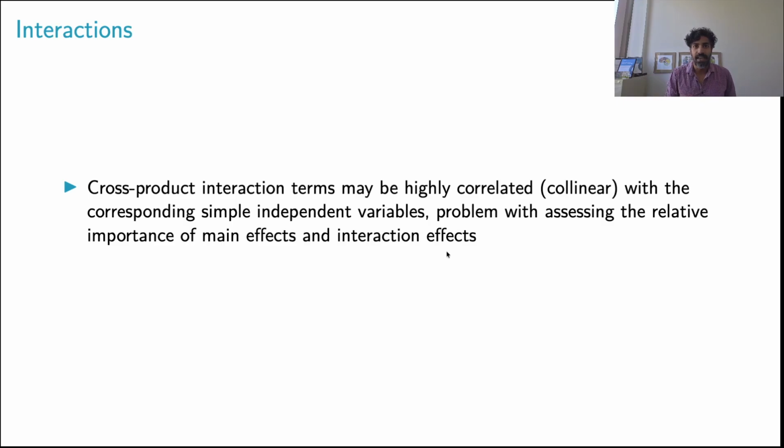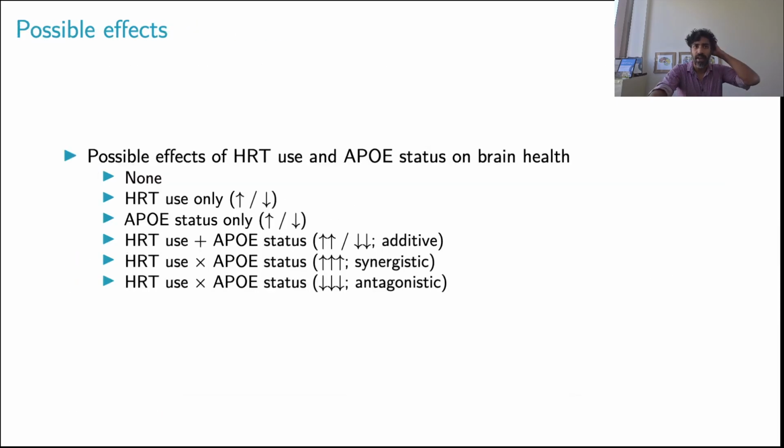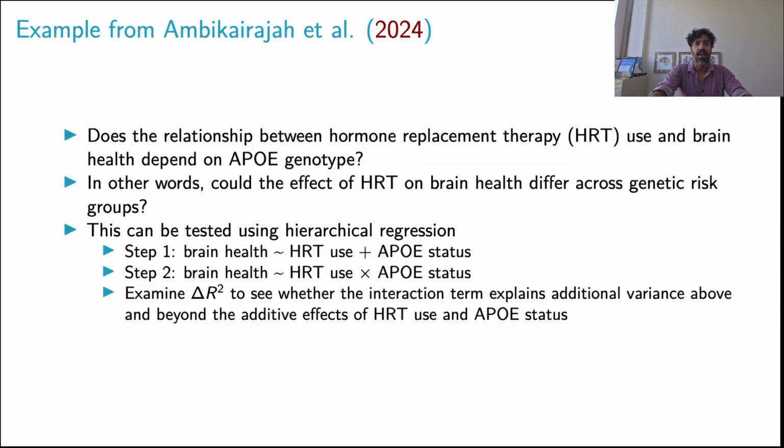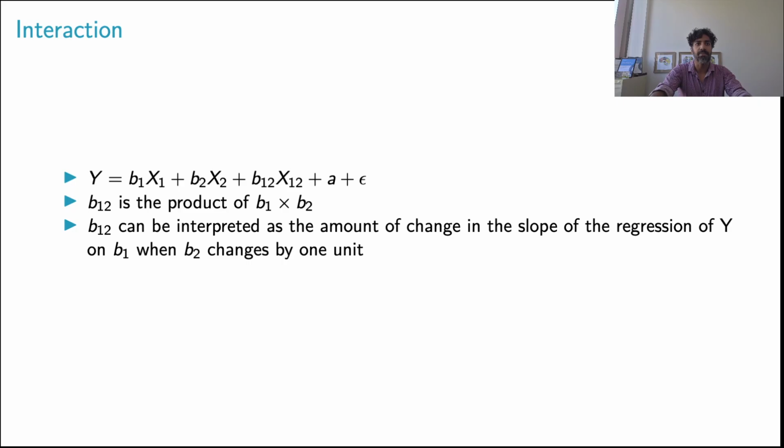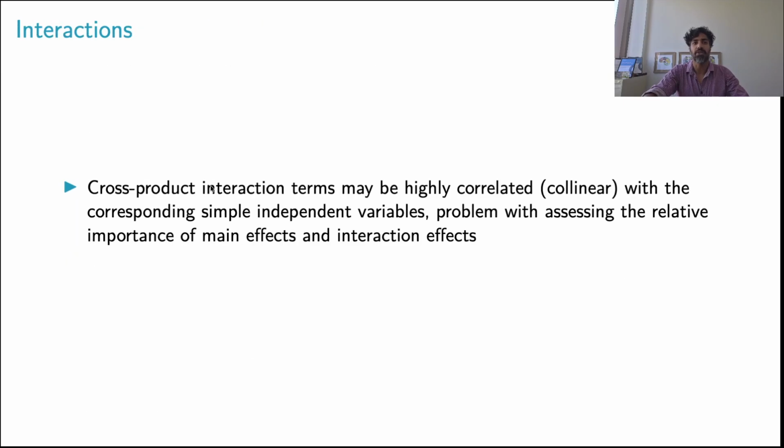But what I want to state here is that, in fact, it's to be expected, right? If you're putting in a model the first variable, the second variable, and then a multiplicative effect of the first and second, they're likely going to be highly correlated with one another. And so you're going to have multicollinearity.